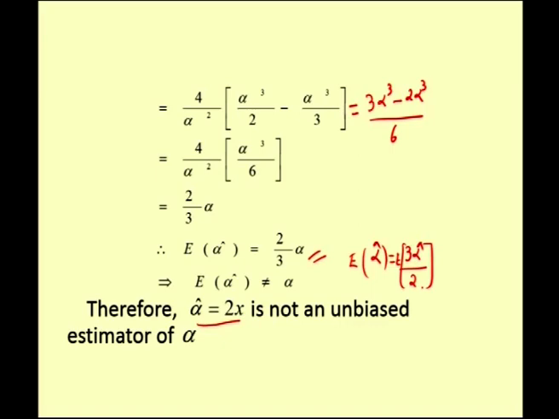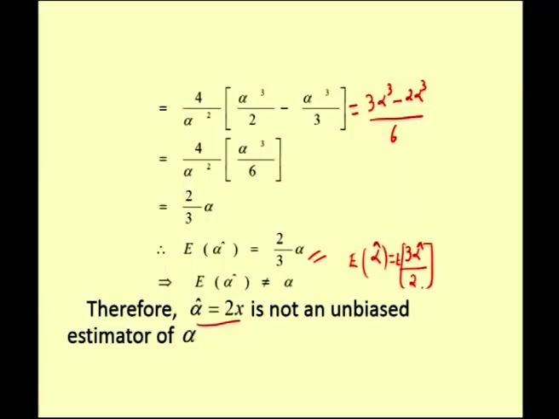That is the logic. So, hence we have found out the MLE, shown that MLE need not be unbiased, but if cases arise you can make a biased estimator into an unbiased estimator. So, let us go through the next example.